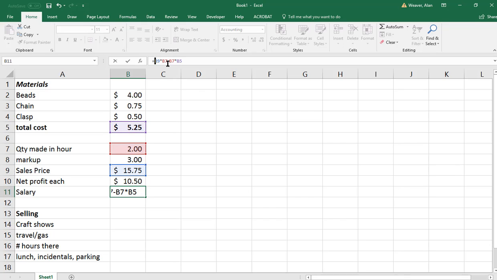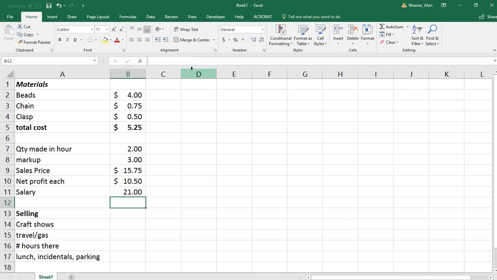So I'm going to put a few parentheses in here. So I'm actually making $21 an hour, but I'm saying, well, let's say I can speed it up. I can do 3 in an hour. See how the hourly rate goes up?